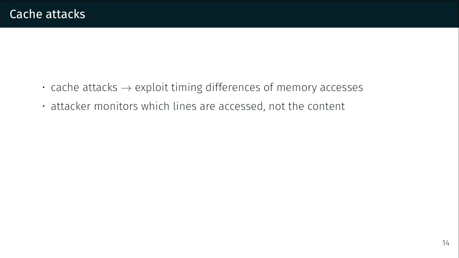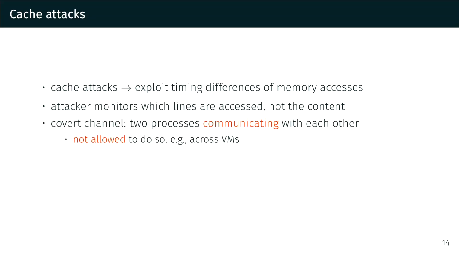So we measure the timing differences on memory accesses. What an attacker does is monitor the cache lines, but he has no way to know the actual content of the cache line. So we can only monitor that this cache line has been accessed, and not what's actually stored in it. And what you can do with this is implement covert channels.